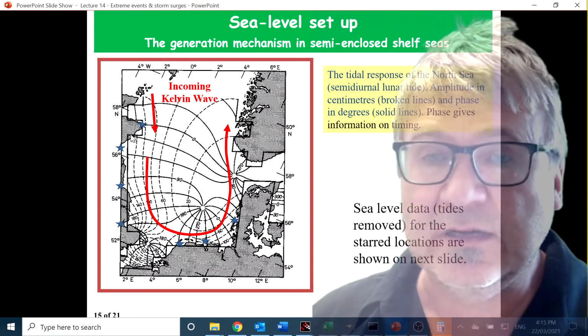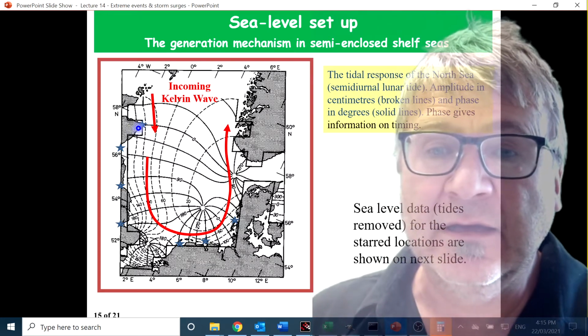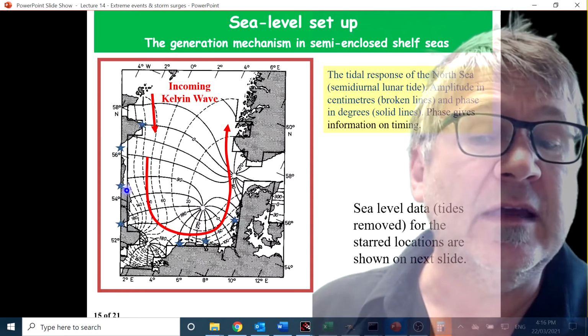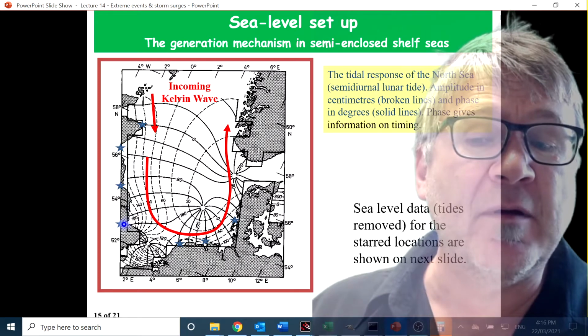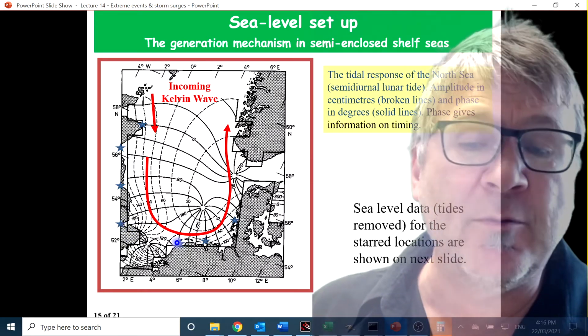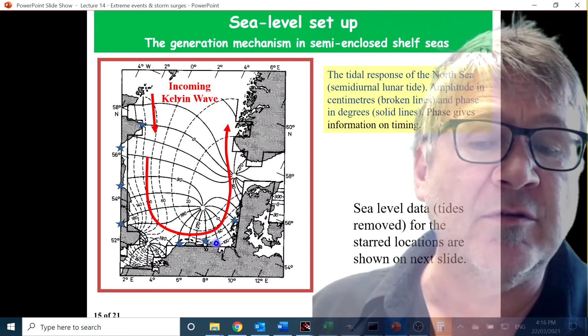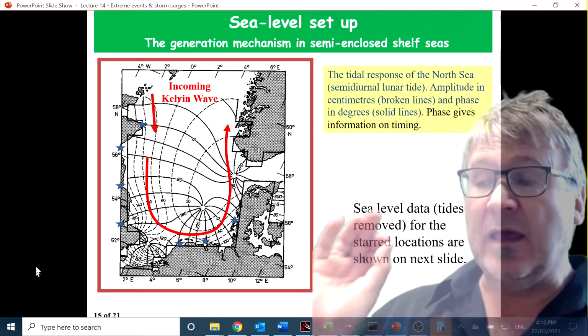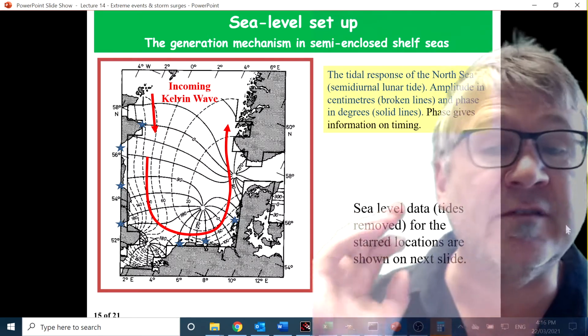Can you see the blue star? And activate the laser. Here's one. There's one, and we do it in the sense of Kelvin wave propagation. We're in the northern hemisphere. The Kelvin wave would propagate along the coast with the coast on the right. Okay, so let's have a look at the reconstruction of the sea level.